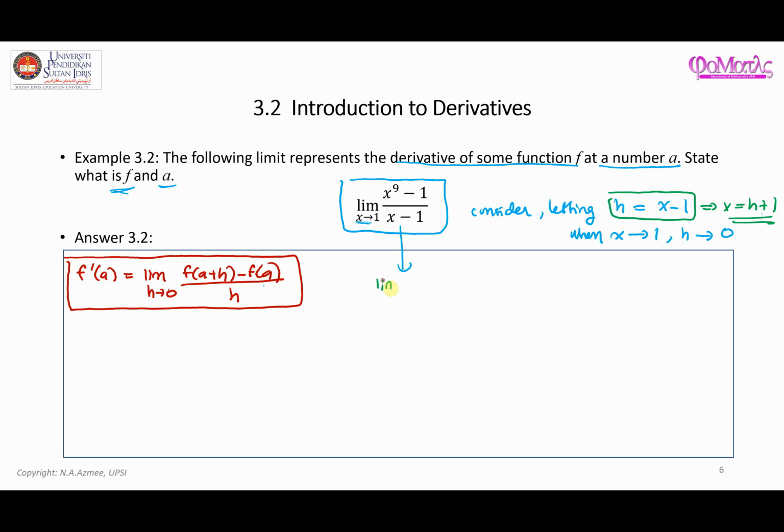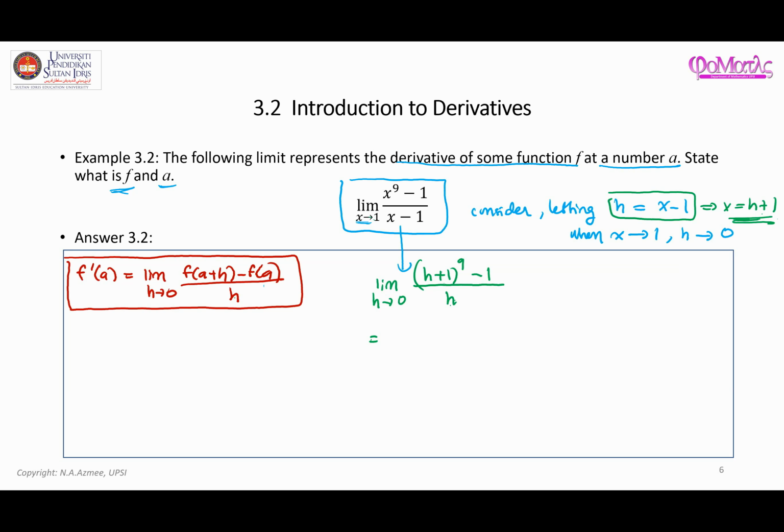First I'm going to write down h approaches 0 instead of x approaches 1. At the bottom part, it will be replaced with h because h is equal to x minus 1. On the top part, x will be replaced with h plus 1, so (h plus 1) to the power of 9 minus 1. Interestingly, now you have something that looks a bit similar, where you have h at the bottom and something that looks like a plus h.